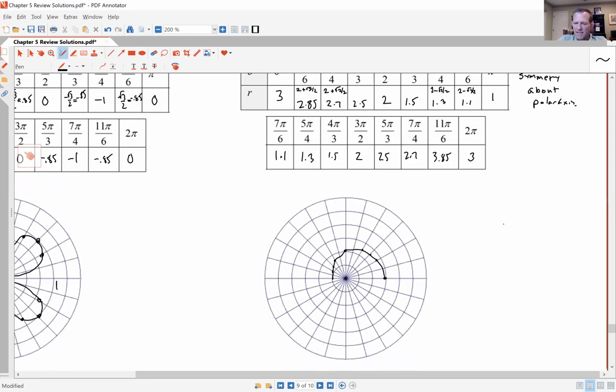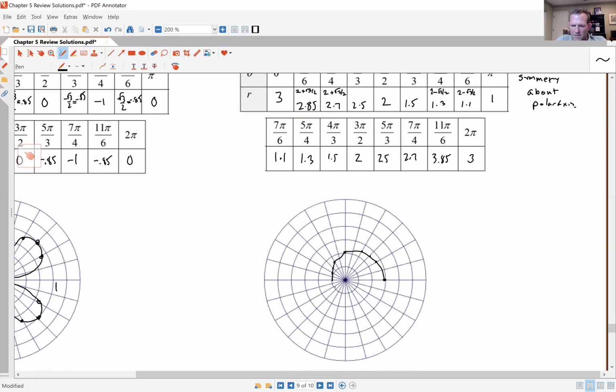So I can just translate these points. This is 2.85, by the way.